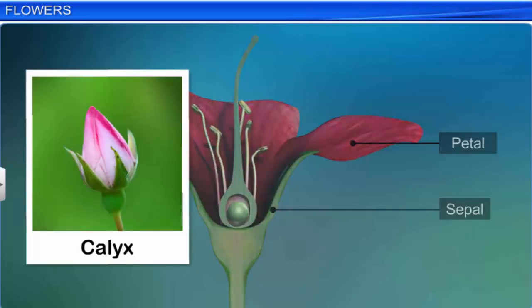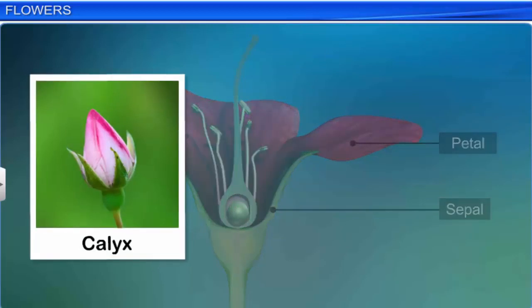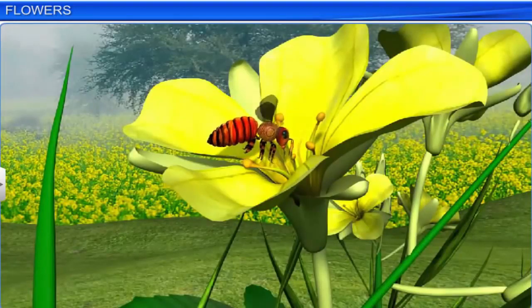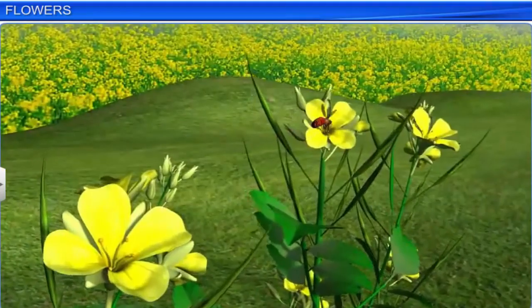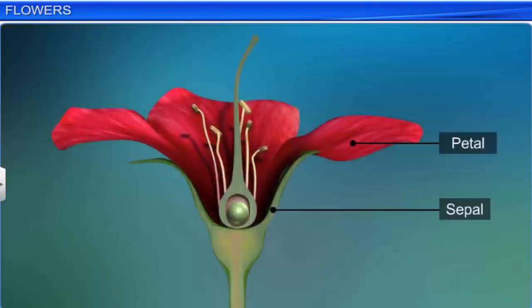While the calyx protects the flower in its bud stage, the corolla helps to attract insects and birds for the purpose of pollination. In some plants, such as the lily, both the calyx and the corolla are fused to form the perianth.